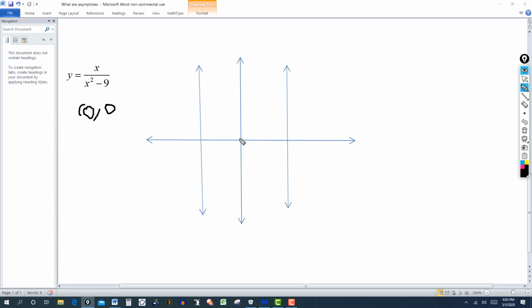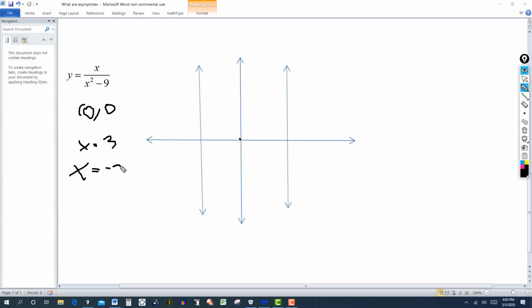So I know the graph passes through the origin, (0, 0). Now the denominator is 0 when x is equal to 3 and when x is equal to -3.